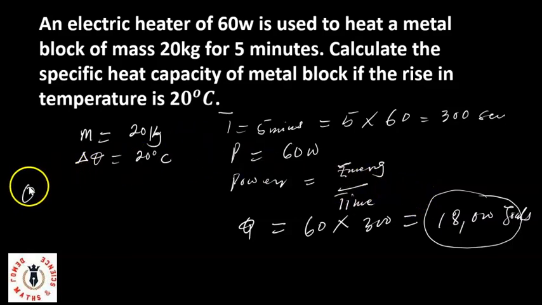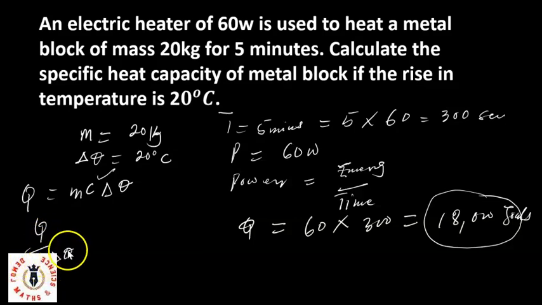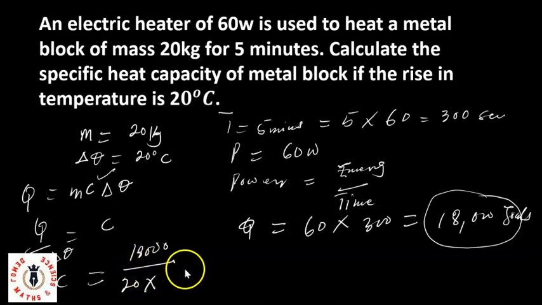Now remember that my Q is equal to mcΔθ. Already I have Δθ and I have m. I'm looking for c. So Q over mΔθ will be the same thing as c. My Q is 18,000 joules. My c now will be 18,000 all over m, which is 20, times change in temperature, which is also 20. 0 here is 1.